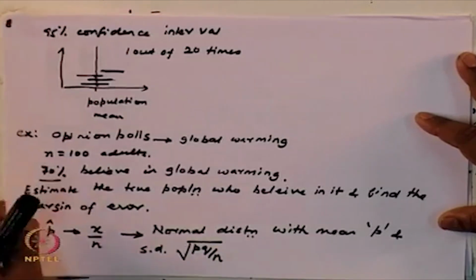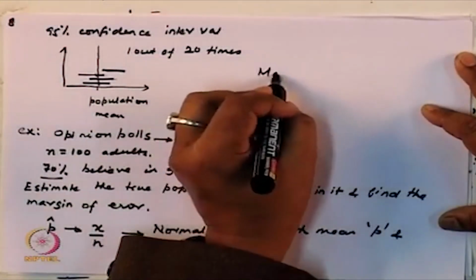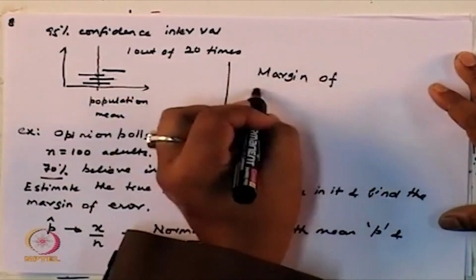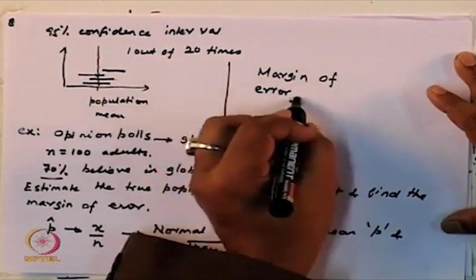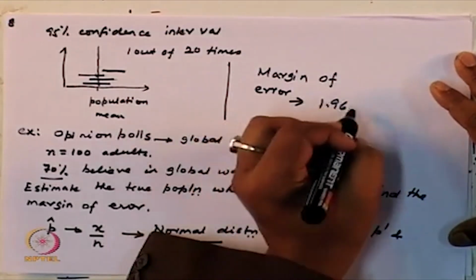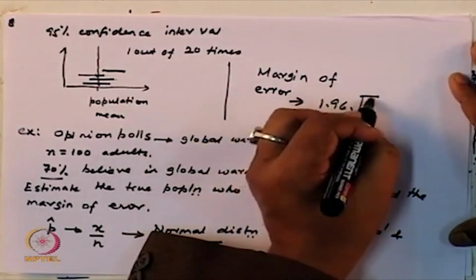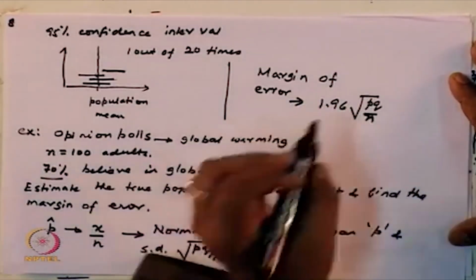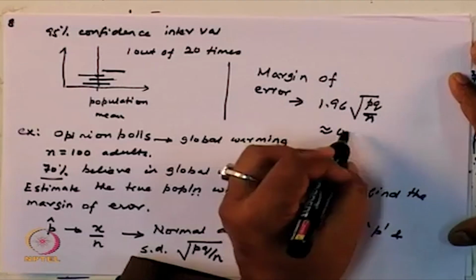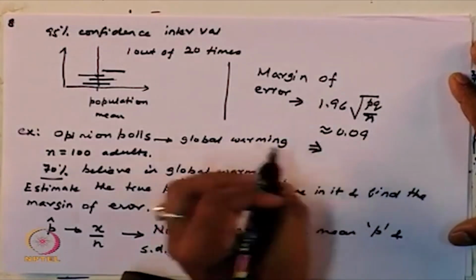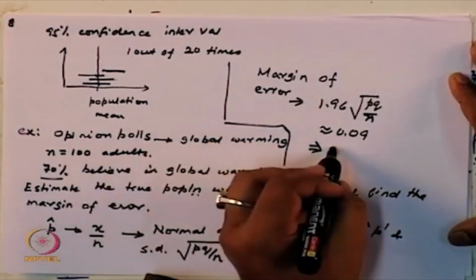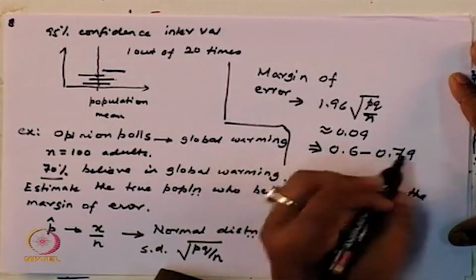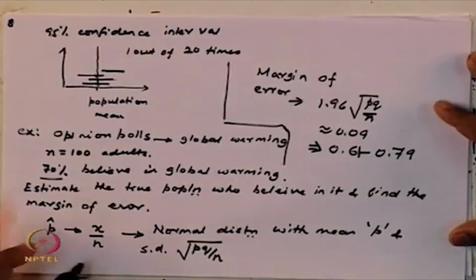In this case, the margin of error becomes 1.96 into root of p q by n. If you plug in the values, this comes out to be 0.09, implying the true population proportion would lie between roughly 0.61 and 0.79.